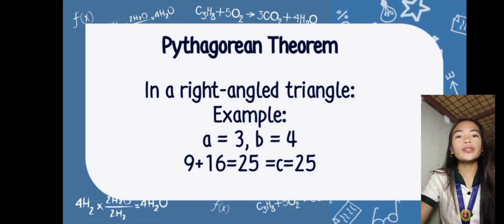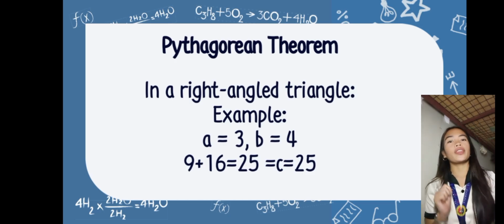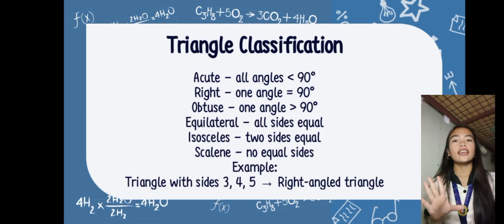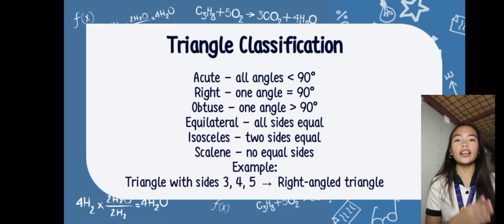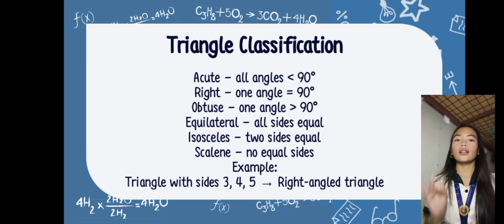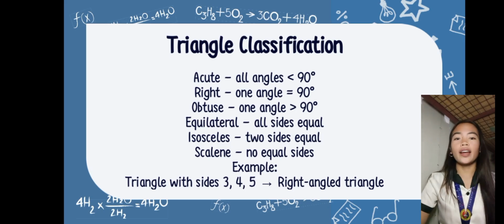Triangles can be classified based on their sides and angles. A triangle with sides 3, 4, and 5 is a right-angled triangle. Other classifications include acute, obtuse, equilateral, isosceles, and scalene triangles.